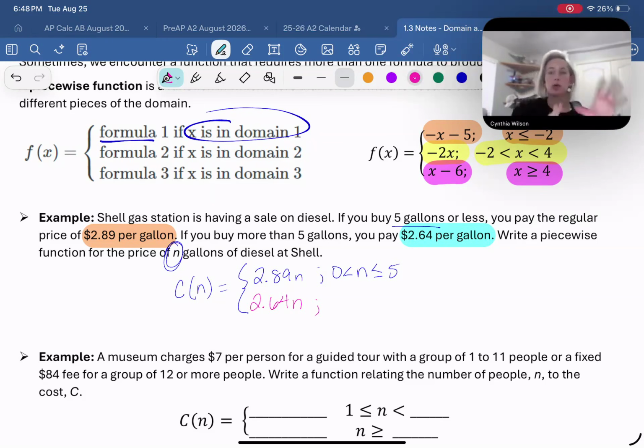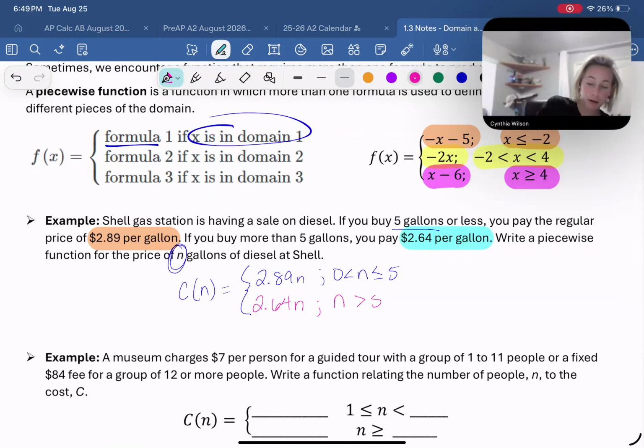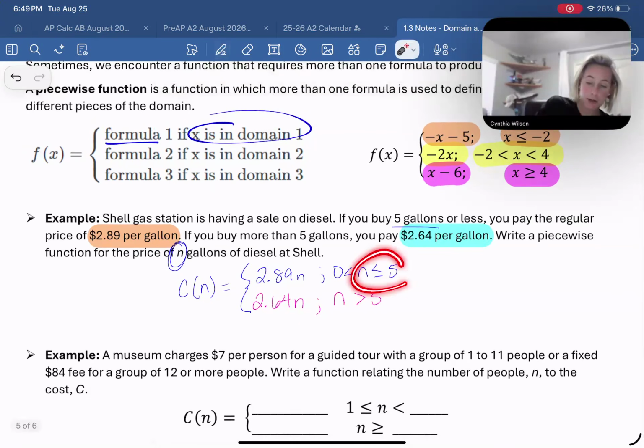This one's a little, I don't want to say ambiguous, but we have to be careful on this one. You've already bought 5 gallons. At 5 gallons, you're still paying 2.89. If you buy 5.5 gallons, though, we go greater than that five, now you're paying 2.64. So the five is not included, because you included it here. That makes sense?